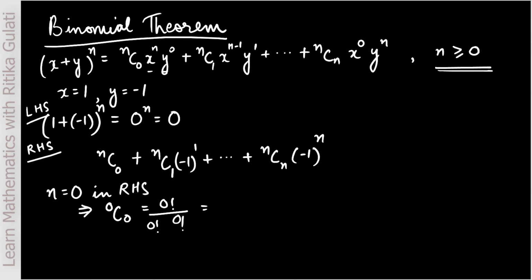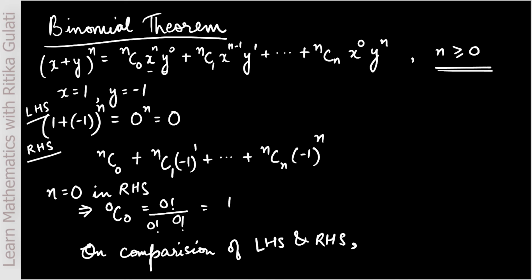We know 0 factorial is 1, so it is equal to 1. But left hand side was 0 and right hand side is 1. This means on comparison of LHS and RHS, we get 0 equal to 1.